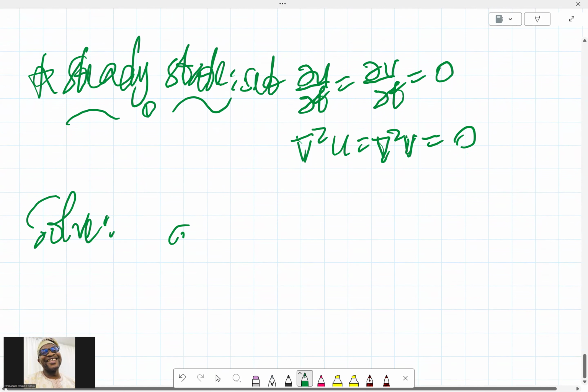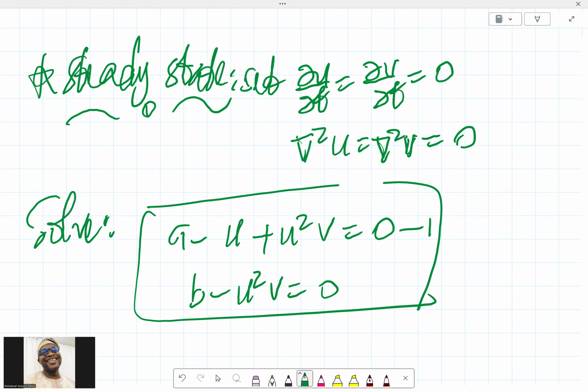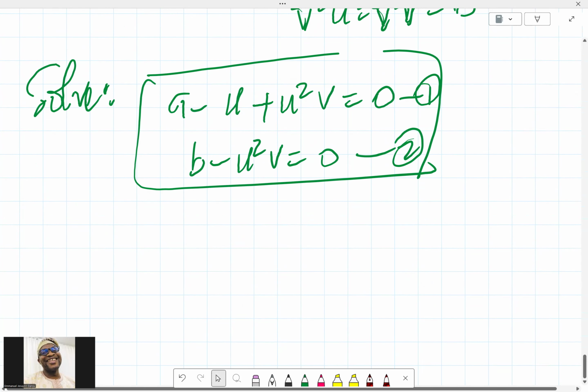So we solve a minus u plus u squared v equals 0. And we solve b minus u squared v equals 0. So this is equation 1, this is equation 2. Of course, from the look of things, we can just add them up and then these two will cancel out.